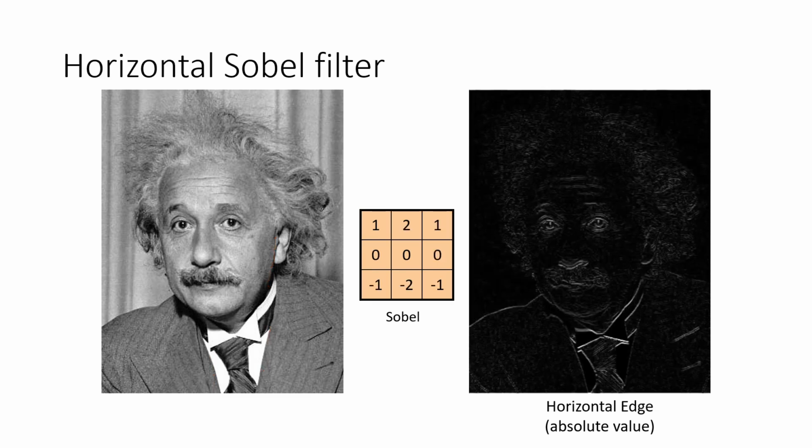The same goes for the horizontal Sobel filter. Where are the strong, or say significant, horizontal edges in the input? Here, and here, and here. So you can see the very strong response in this region.